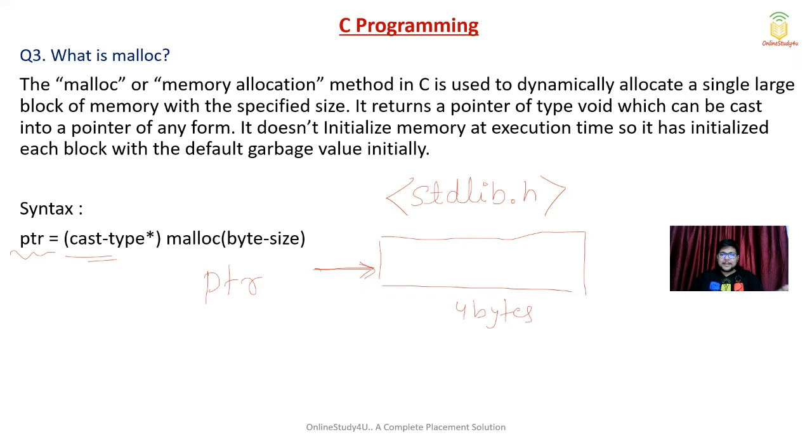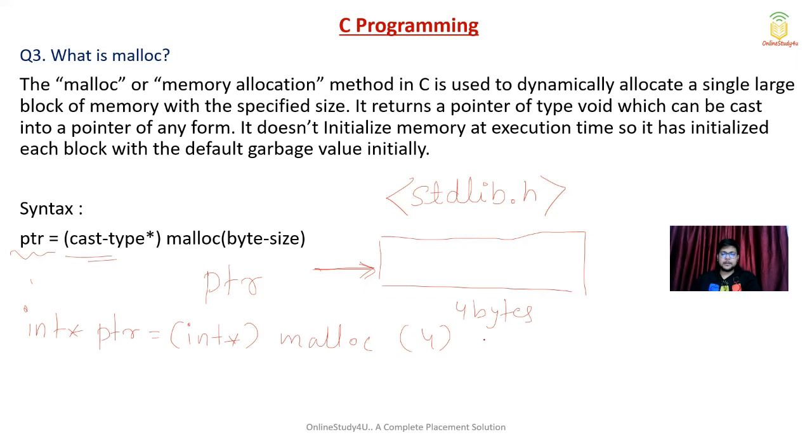So the void pointer can be typecasted to an appropriate type. How can we do that? Let's say I have to store an integer. So intptr is equal to int star malloc, and I want a size 4 in it. So what will happen?